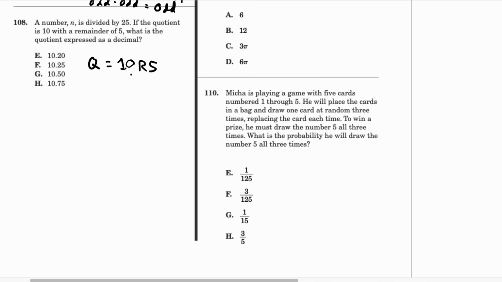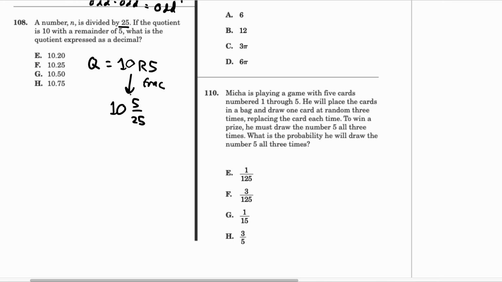First I want to express this as a fraction, and then we can turn it into a decimal. If we have a remainder of 5, remember that that's out of 25, because our number is divided by 25. So it's 10 and 5 25ths. That's what a remainder of 5 means in this case.